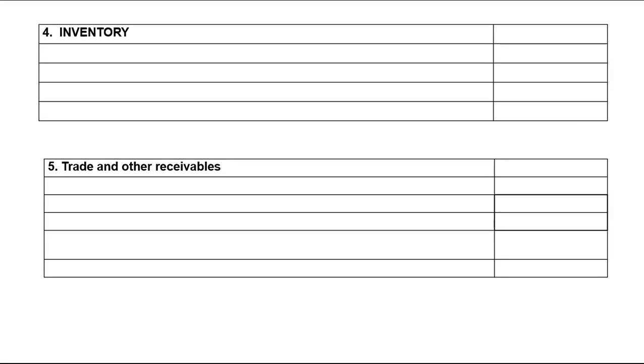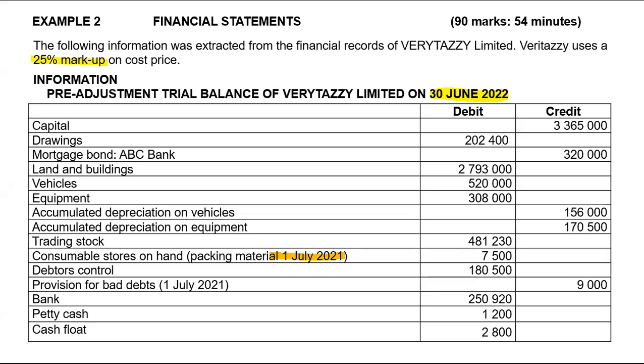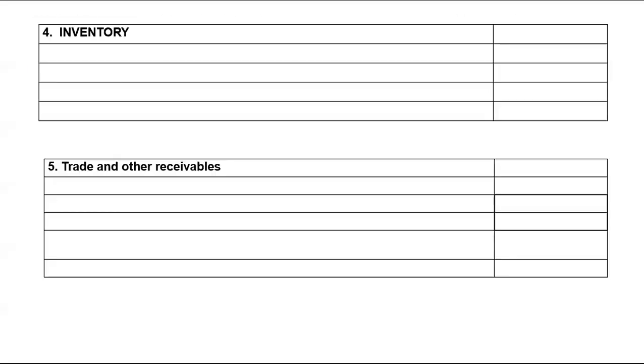Already, when you look at our debtors control, according to the balance that was given in the pre-adjustment trial balance, our debtors control is sitting at 180,500. So it means that 180,500 is going to be increased by 10,000, and that will be recorded in trade and other receivables.